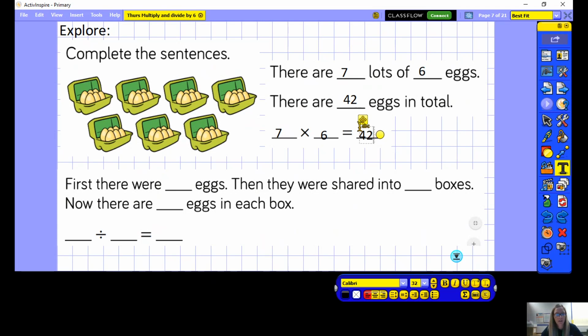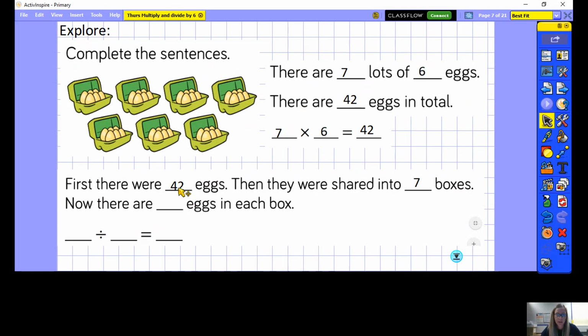Okay, so let's have a look at this second part of the question. First there were how many eggs? Well, we know now that there were 42 eggs. We've just counted them. So first there were 42 eggs. Then they were shared into how many boxes? Well, we know that they were shared into 7 different boxes. And how many were there in each box?